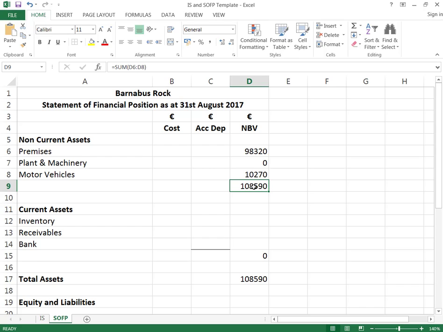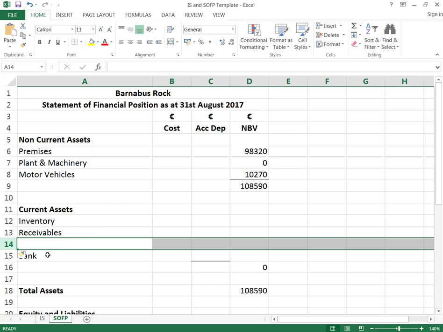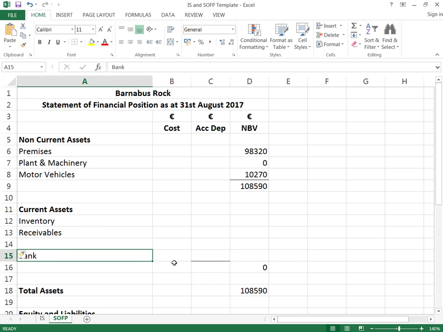So these are the assets that you will use over more than one period in your accounting cycle. Okay, what else have we got then? We've got current assets, we've got inventories, we've got receivables, we've got bank, and in this case we actually had cash in hand as well. So I'm going to insert that because I hadn't seen that before. I'm going to move my bank up and put in cash.